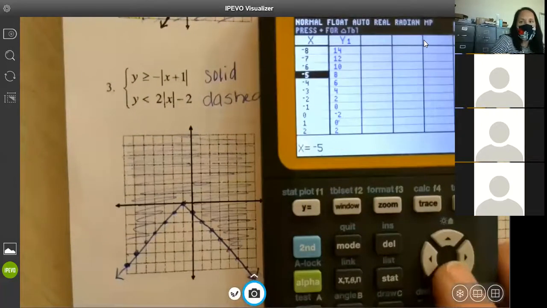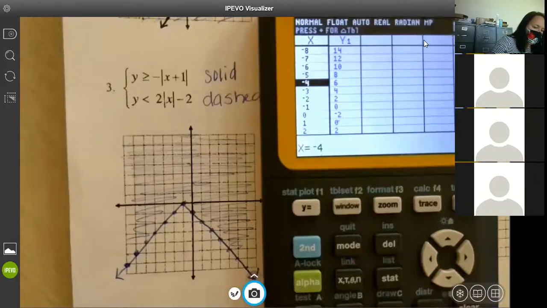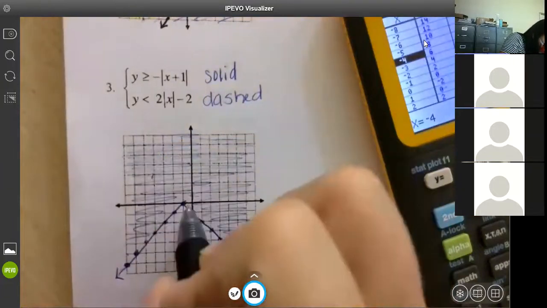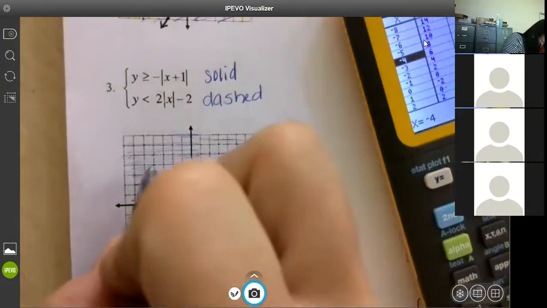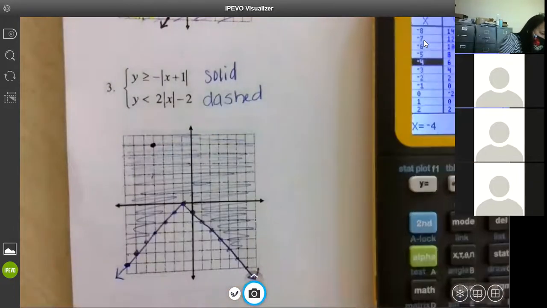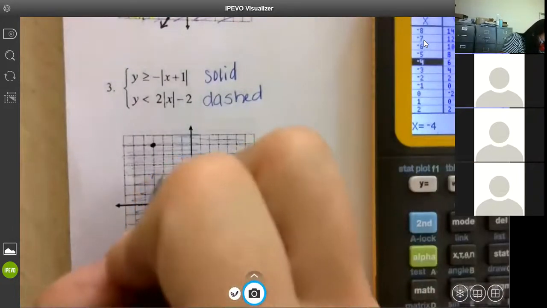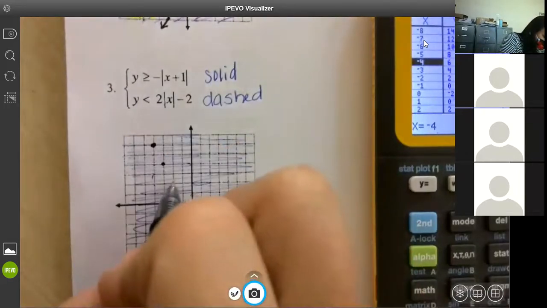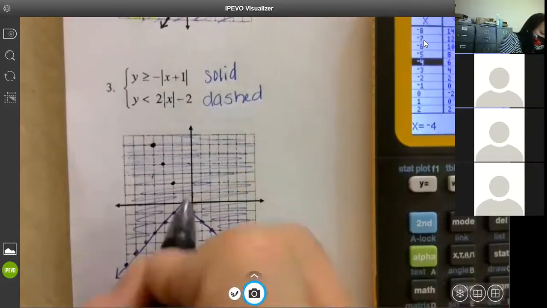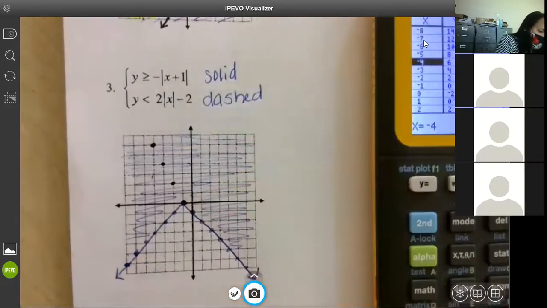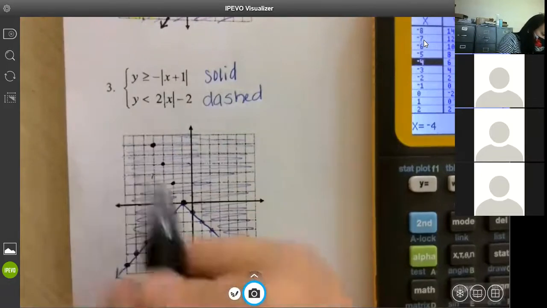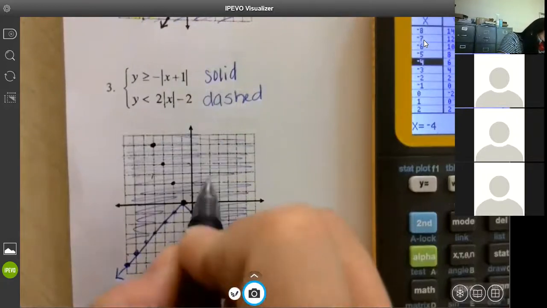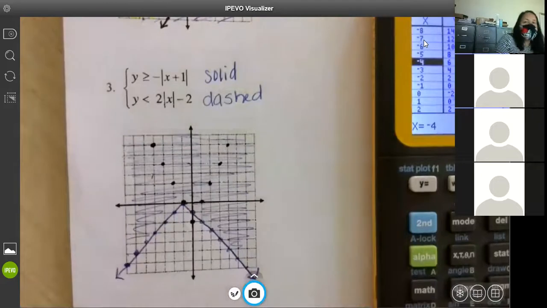And in our table, -4, 6. -3, 4. -2, 2. -1, 0, which is the same point we have here. 0, -2. 1, 0. And then you should be able to see the pattern.